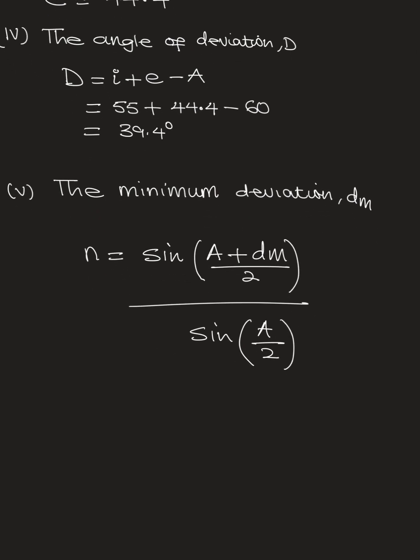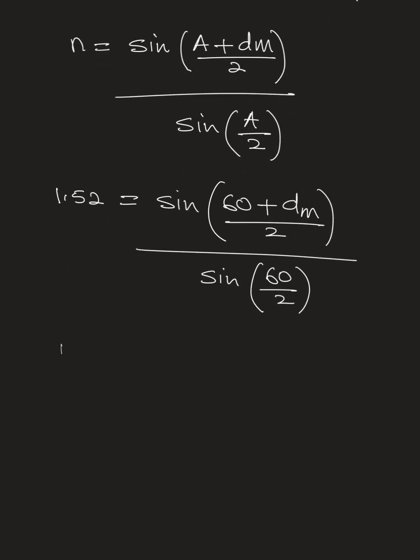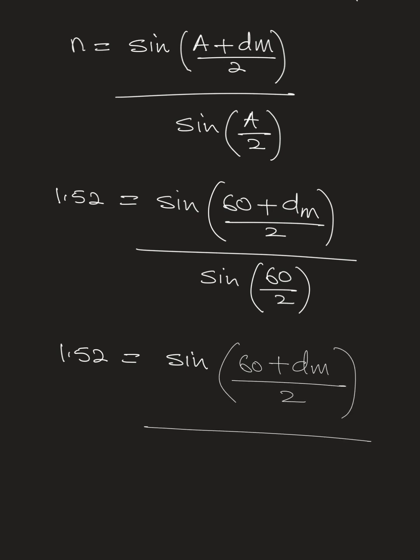So what is the refractive index? Is 1.52. This is equal to sine of the angle of the prism is 60 degrees plus minimum deviation divided by 2 all over sine of the angle of the prism is 60 divided by 2. So we'll have 1.52 is equal to sine 60 plus dm divided by 2 all over sine 60 divided by 2 is 30.